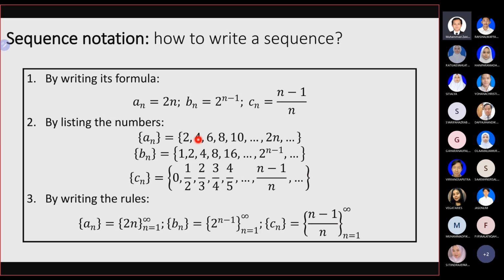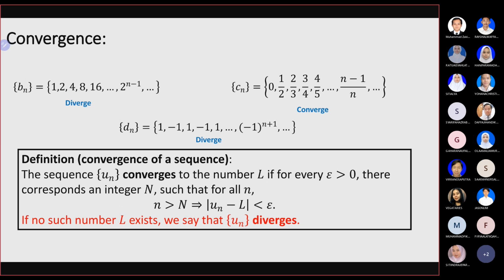So when we want to list the numbers, we can use this 2, 4, 6, 8, 10, and then for each term, the value is 2n, and so on. Or we can make it more compact by writing the rules, like an is 2n, where n goes from 1 to infinity, and so on. These are 3 ways to write a sequence.